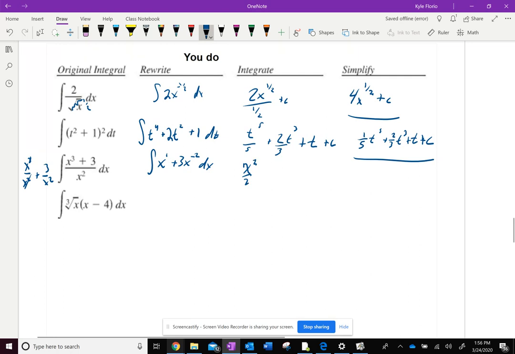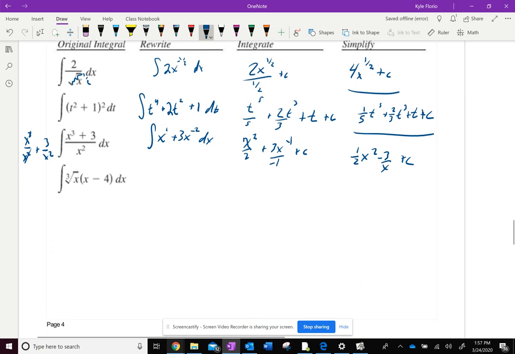The antiderivative of 3x to the negative 2, let's see, that's going to be 3x to the negative 1 over negative 1, plus some constant, so we get 1/2 x squared first. We have a negative 3 over x second, plus some constant. I just took this x to the negative 1 and put it to the denominator and made that x to the positive 1 on the bottom.